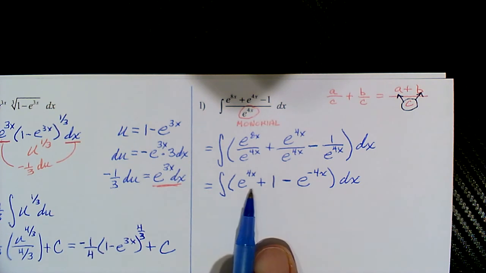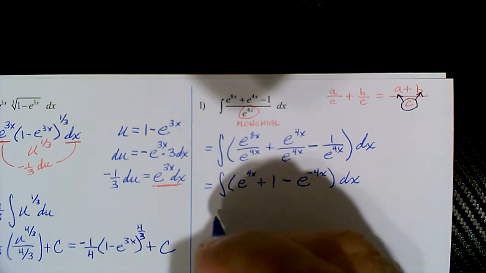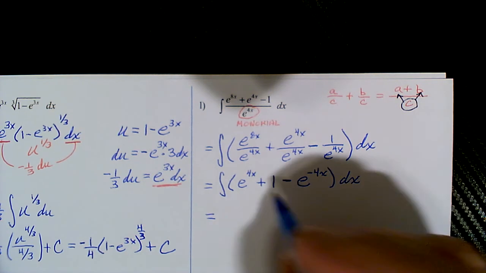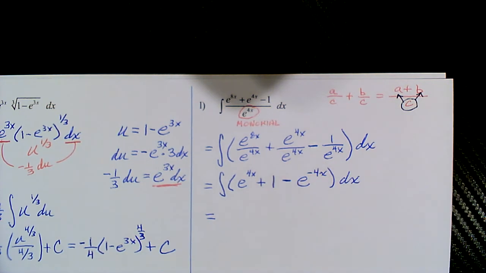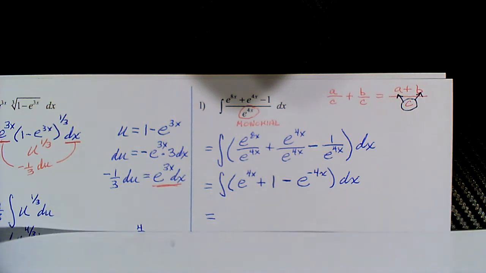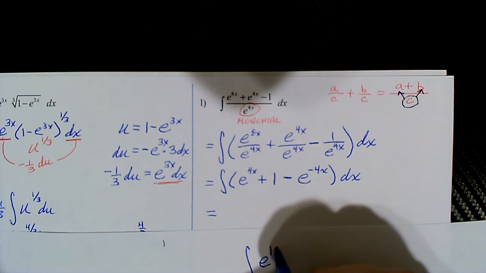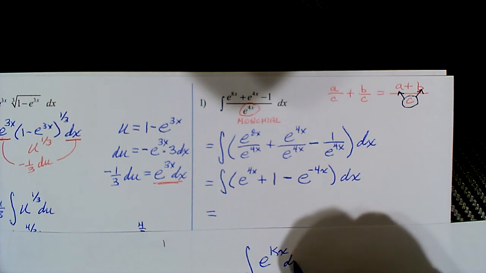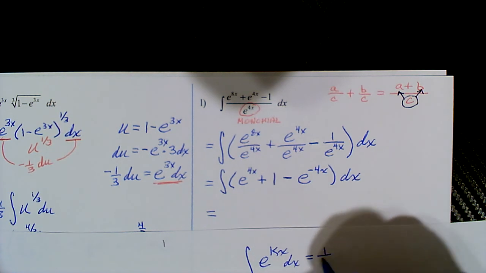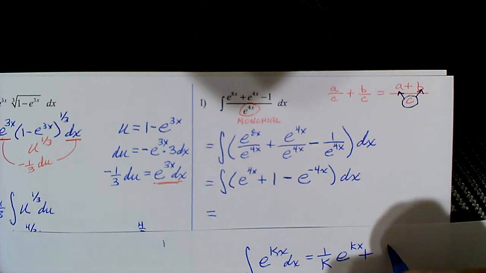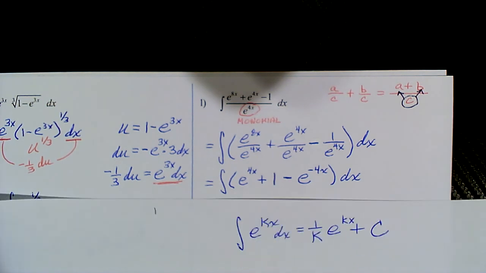And the nice thing about this problem is at this point, you really don't require a u substitution because these are fitting that special rule that we've mentioned for the linear power, the linear argument. That is, that the integral of e to the kx with respect to x is 1 over k times e to the kx plus our constant.